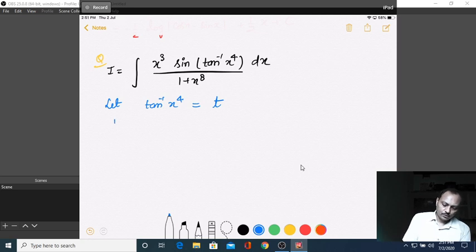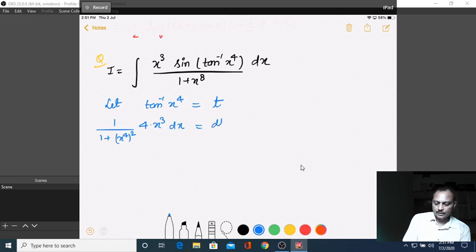That is 1 upon 1 plus x raised to the power 4 whole square. This is the derivative of tan inverse x, 1 upon 1 plus x square, but in place of x, we have x raised to the power 4. So, again, the derivative of x raised to the power 4 is 4 times x cube dx.